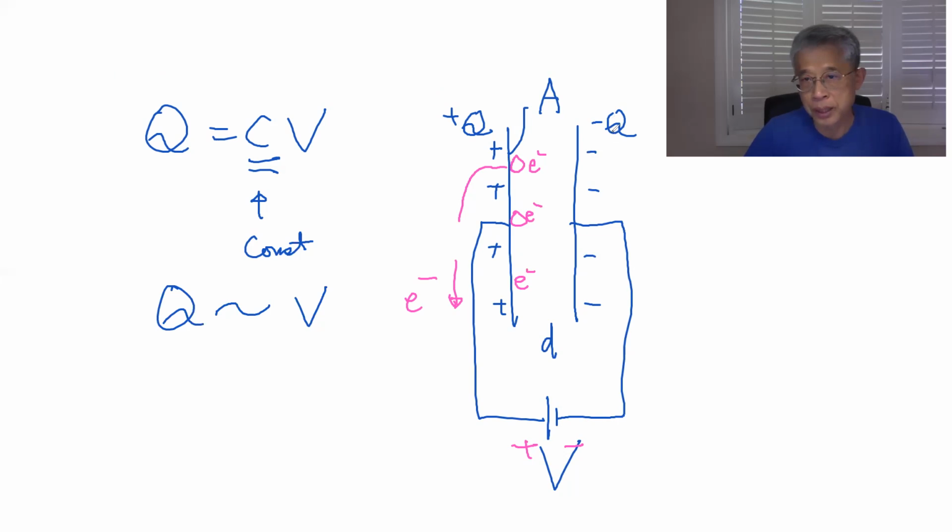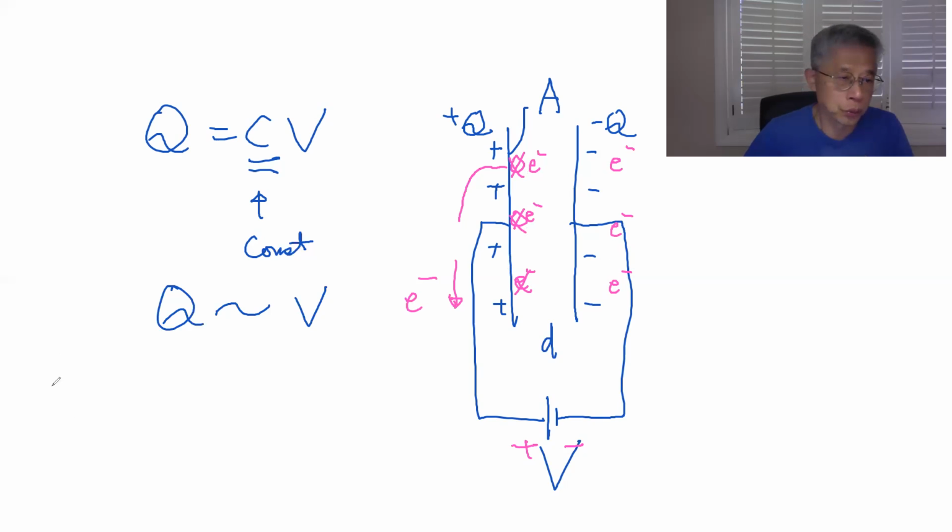So then this negative Q is coming from this electron moving from the left-hand side coming over to this side. So now you have extra electrons here, and this side here, you're basically losing electrons. So this is gone, this is gone, this is gone. So now it becomes positive. So that's how you charge two parallel plates.